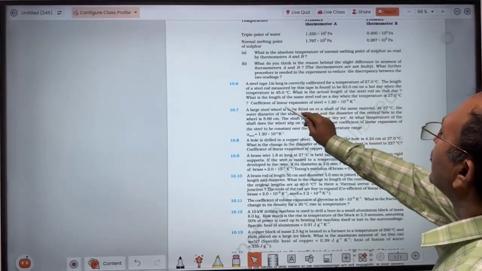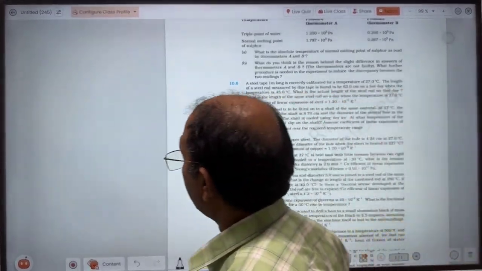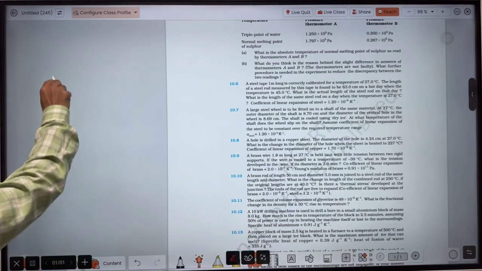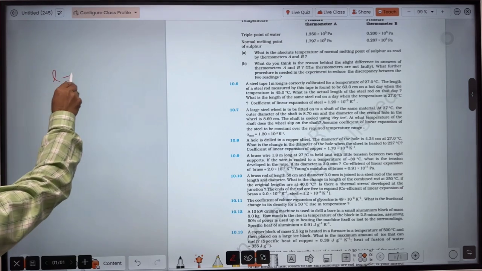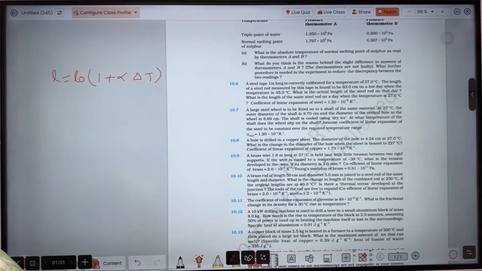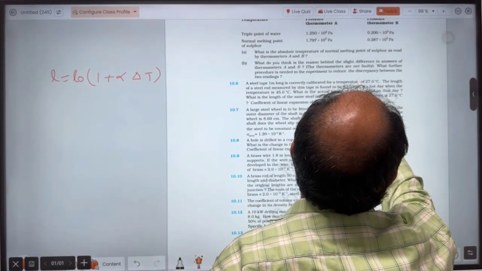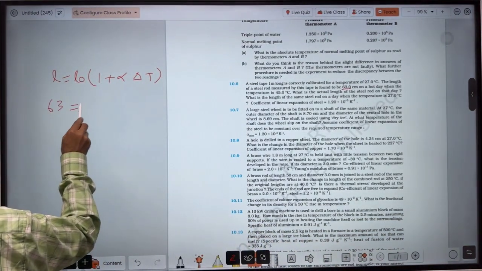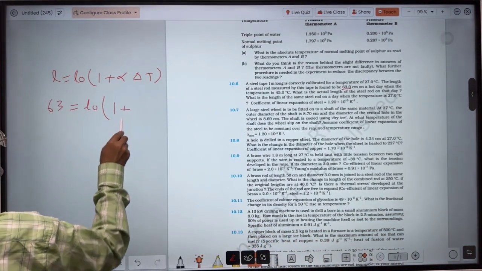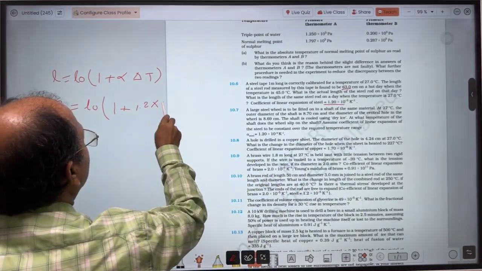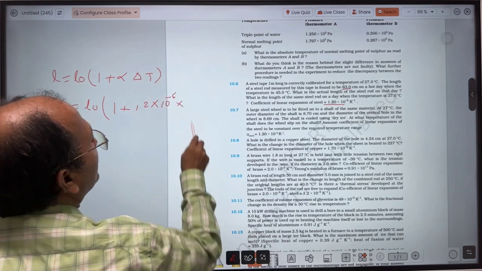And here coefficient of linear expansion is given. So which formula you are going to use? So you know formula is L equal to L0 (1 plus alpha delta T), right? So here this is changed length 63. So 63 equal to L0, which is to be found, times (1 plus alpha delta T). Alpha is given as 1.2 into 10 to the power minus 5 and into temperature difference.